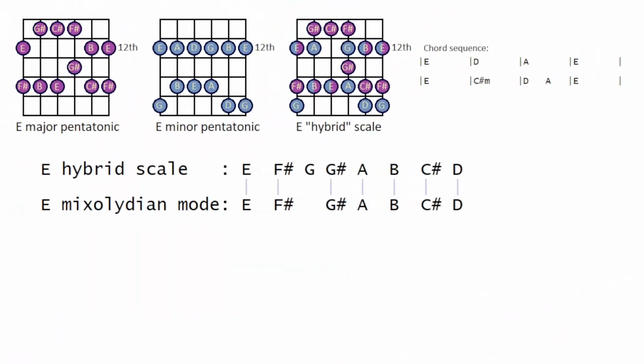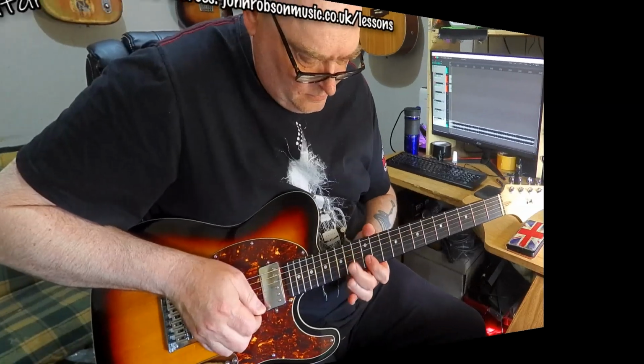But there's more. If we essentially just get rid of the G sharp note that would make it Mixolydian and replace it with the G note, which makes it Dorian, we get another kind of flavour of soloing scale that we can use, which would sound like this.